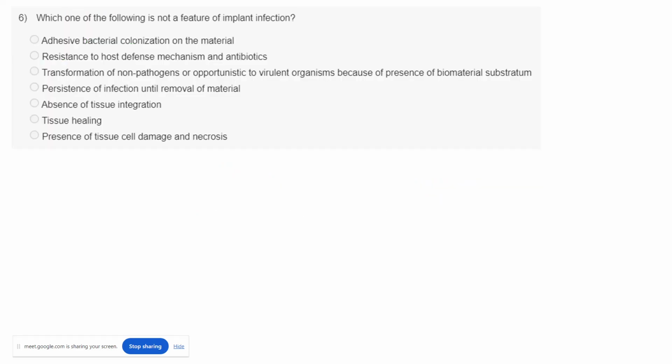Okay, we have the sixth question now. Which one of the following is not a feature of implant infection? I'll give you some time to go through the options. Let me know what you think the correct answer is.